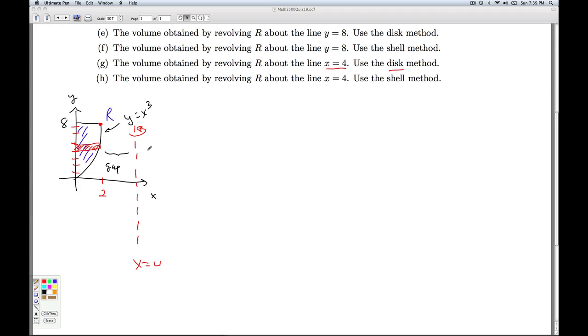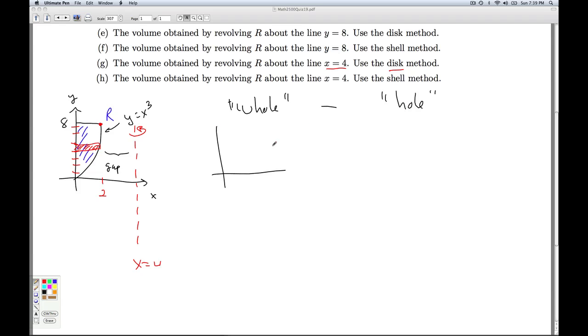So this is going to be technically what they call a washer, but we'll handle this the way we handle all these kinds of things. We'll extend this rectangle to the axis of revolution to give us an honest-to-goodness disk, and then we'll subtract off the gap. So this is another whole minus hole scenario.